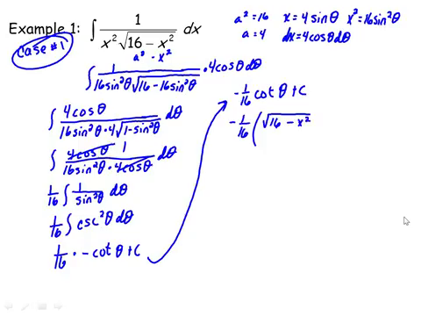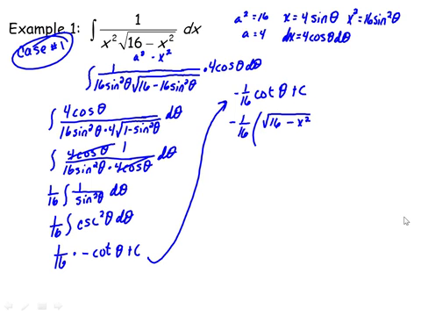You don't want a theta and you don't want a trig. Earlier we substituted in 16 sine squared theta for x squared, yes, but that was so that we could reduce and integrate. Now I'm trying to get it back in terms of x.